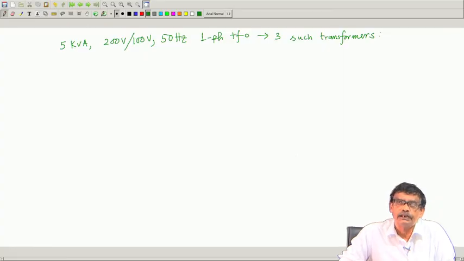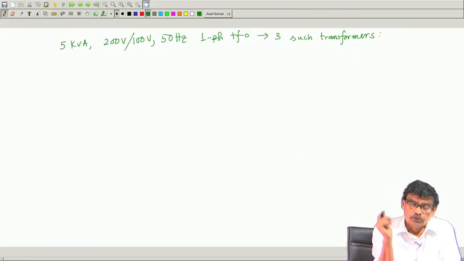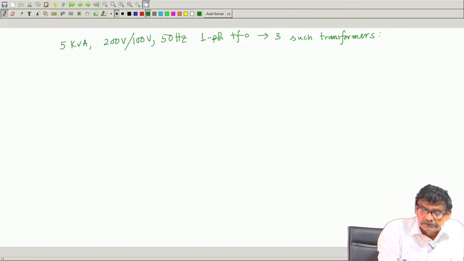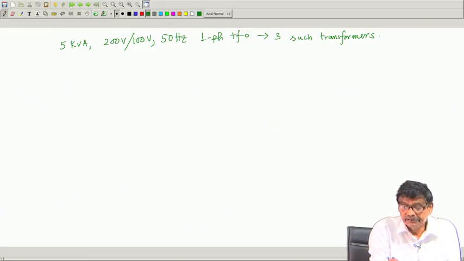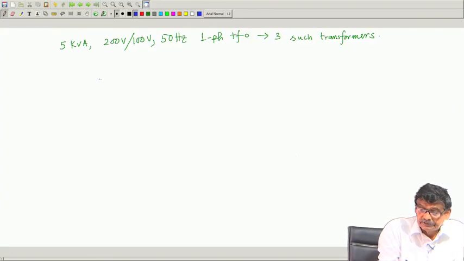Each transformer will have 2 coils, 1 primary, 1 secondary, 1 high voltage, 1 low voltage. Therefore, it is essential to mark the terminals of the transformer appropriately. So, what I will do is this, suppose this is the transformer 1.